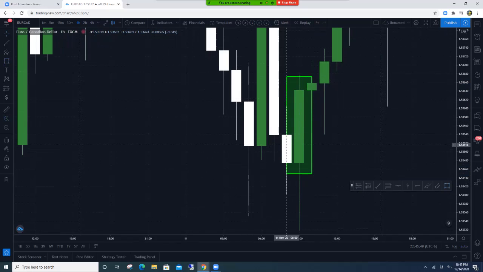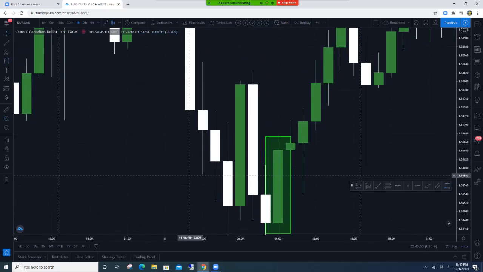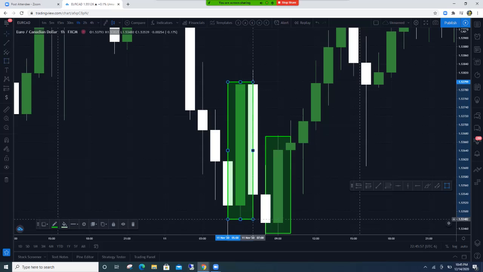That's an engulfing candle. Right here is also an engulfing candle, because this is a white candle and the green candle was in a different direction, and it engulfed the entire movement of the white candle, and also the movement of the two candles before it. This is a true engulfing candle. So you want to train your eyes to look for candles like that.